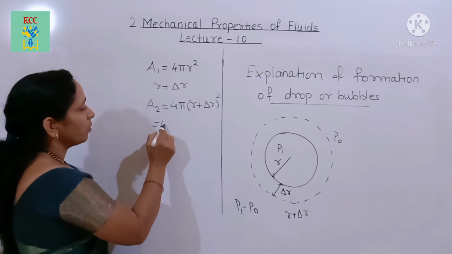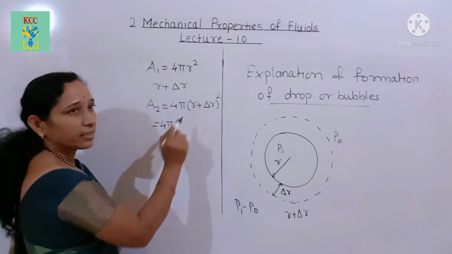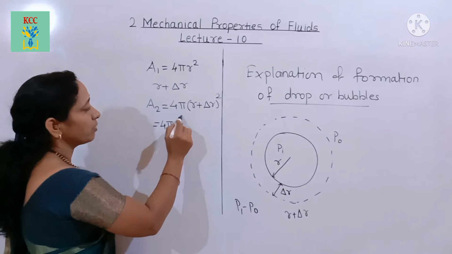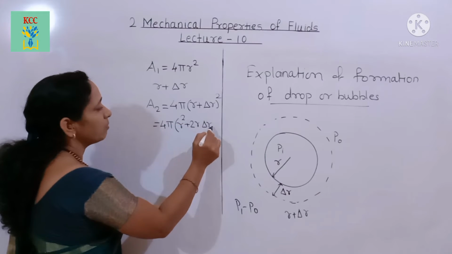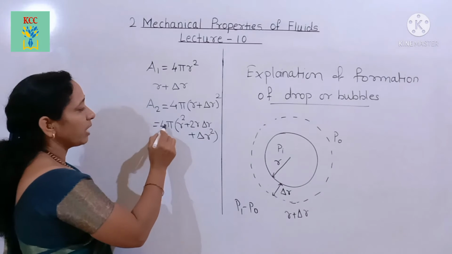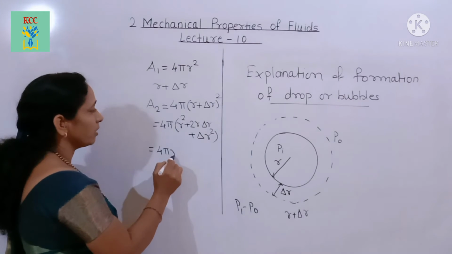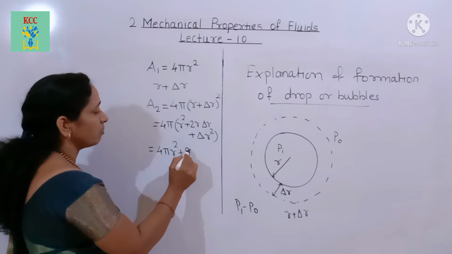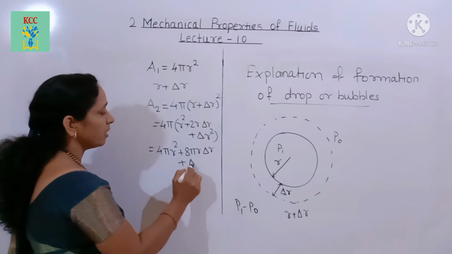This is equal to 4 pi into R square plus 2 R delta R plus delta R square. Multiplying by 4 pi we get 4 pi R square plus 8 pi R delta R plus 4 pi delta R square.